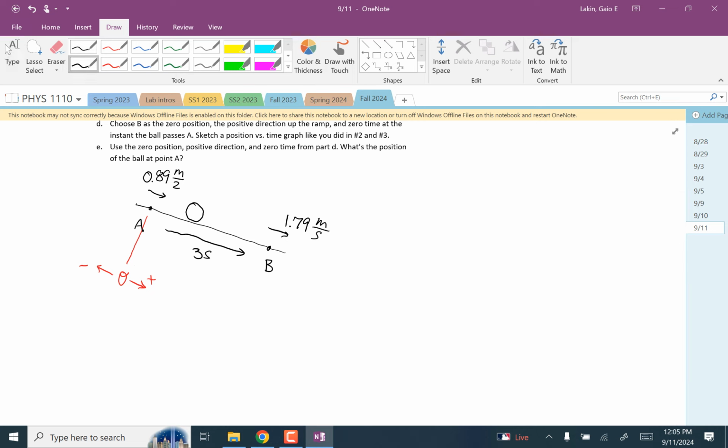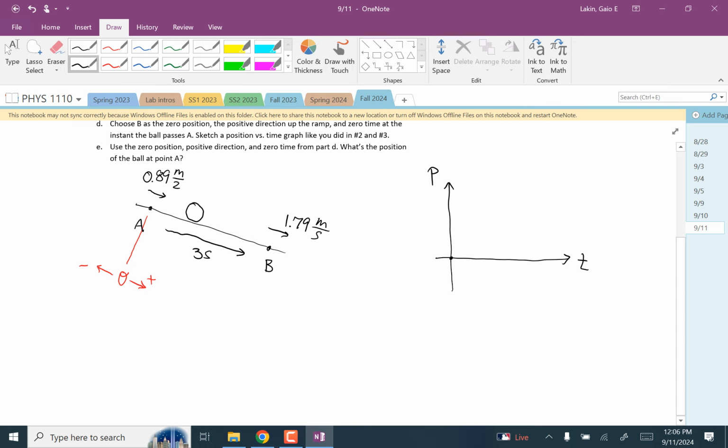Okay, so a position versus time graph. What do you know about that? Since A is the point we're choosing as 0, and the positive goes towards the point B, we know that the point A is going to be on the vertical axis somewhere because that's our position.